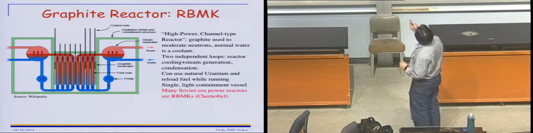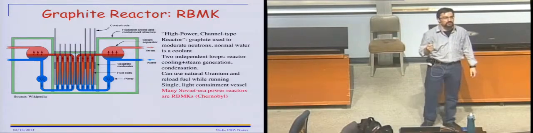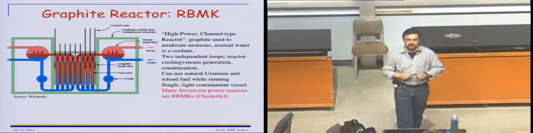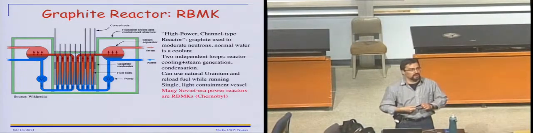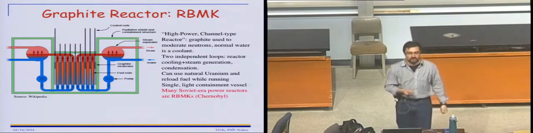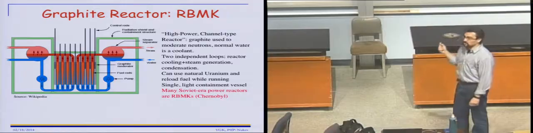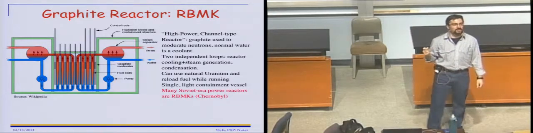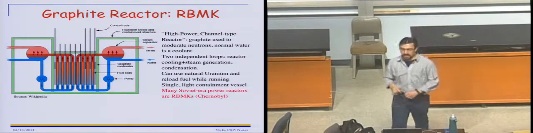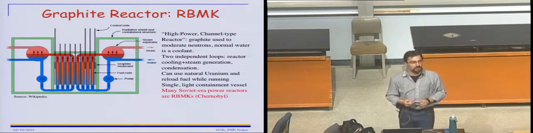Also, the reactor core can be accessed while the reactor is in operation, and so some would say that this was designed for, again, easy access to plutonium that's being produced in the reactor core. So one could argue that this was the design that made it easier to produce weapon-grade plutonium for the Soviet weapons program.